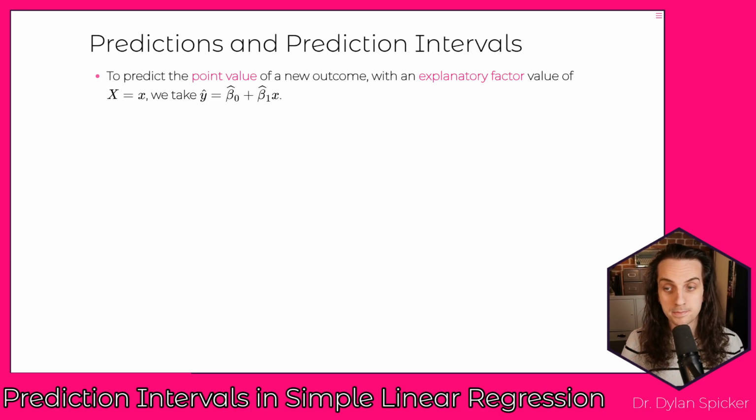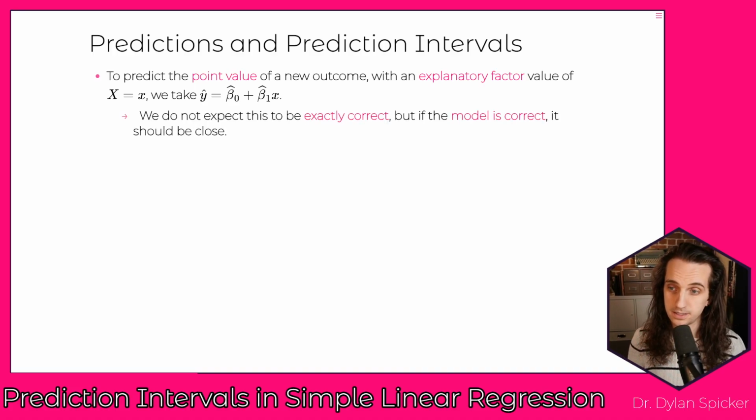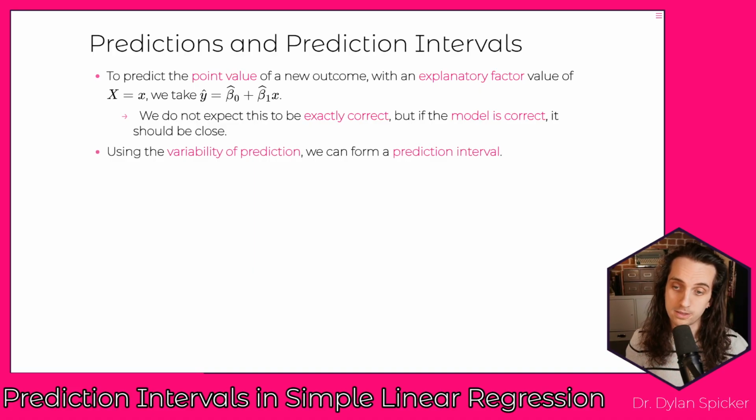We take y hat to be beta hat 0 plus beta hat 1 times x. This gives us one single value that we think is going to be correct for an unseen y given x equal to little x. We're not expecting this to be exactly correct, but if the model is correct, it should be close to the truth.